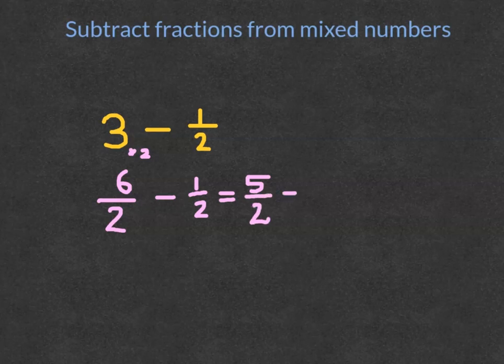An improper fraction, so we change it to a mixed number. 2 goes into 5 2 times, with 1 part of 2 left over.